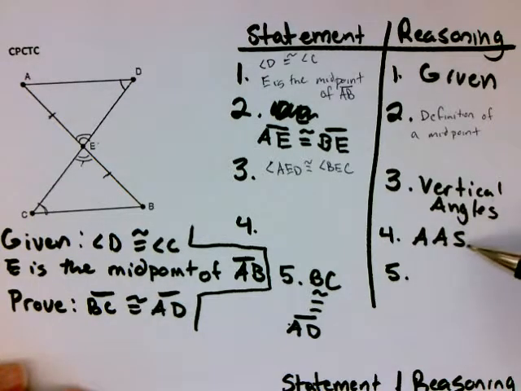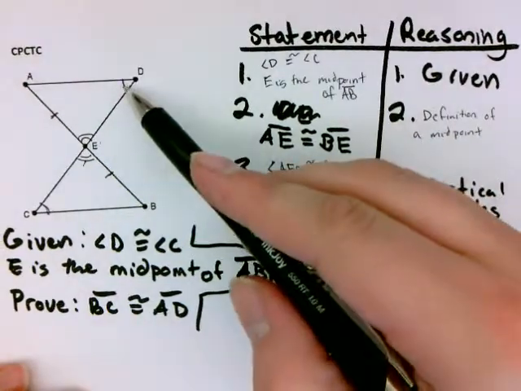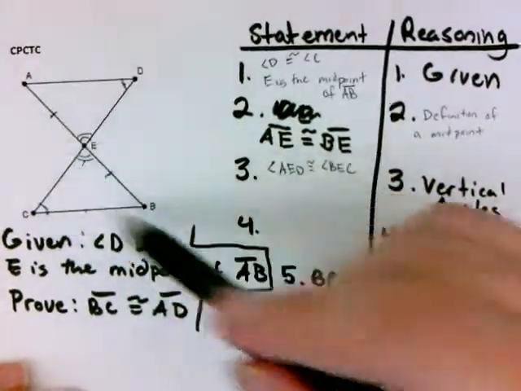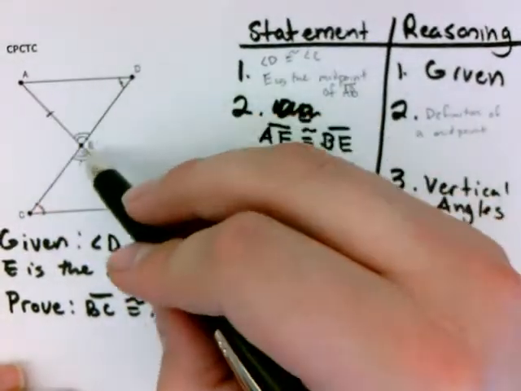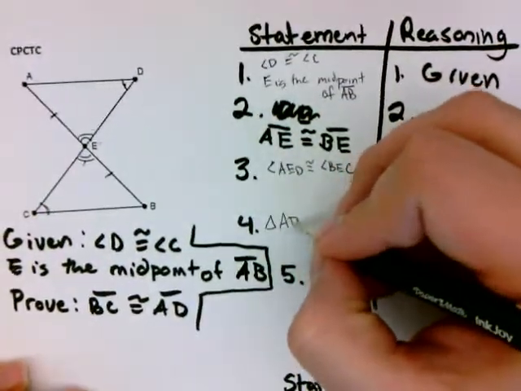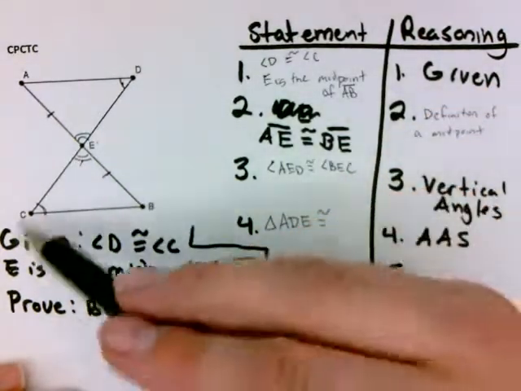Last, AAS means that two triangles are congruent. We know that these two are congruent by AAS, so we're going to use these two triangles: triangle ADE is congruent to triangle BCE.